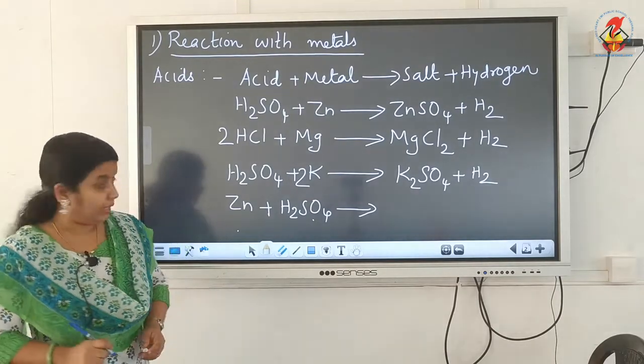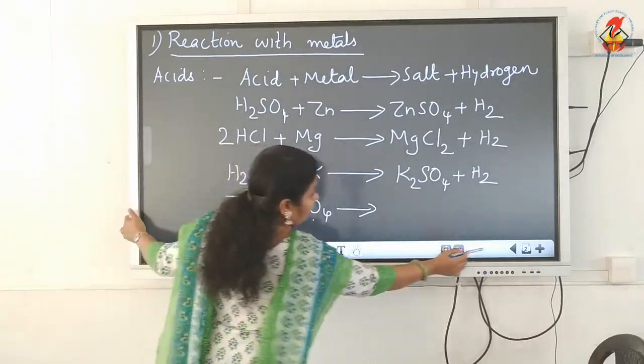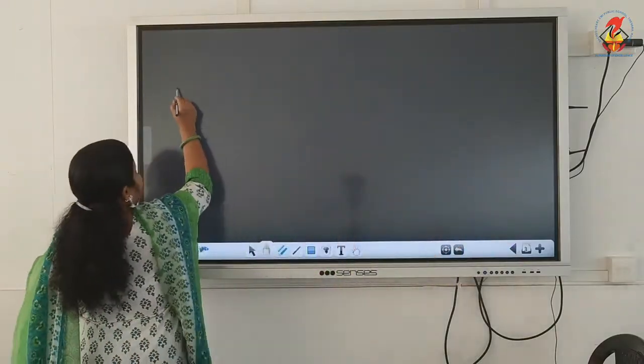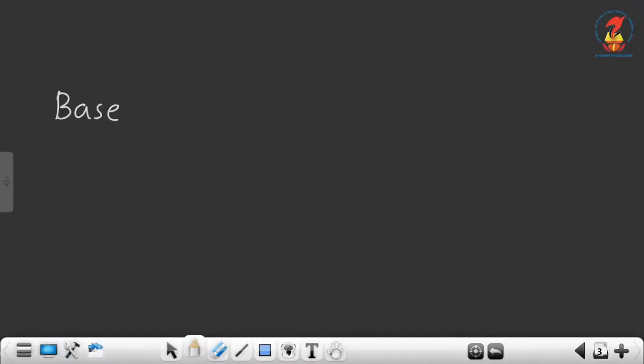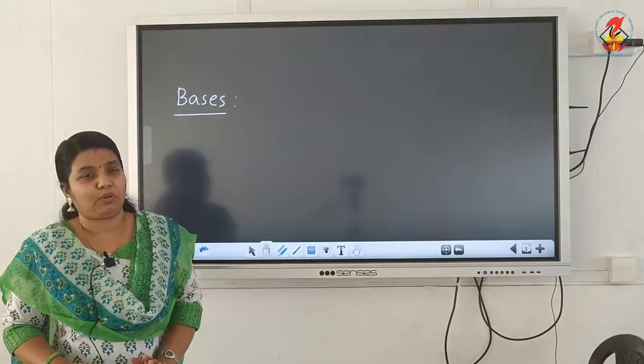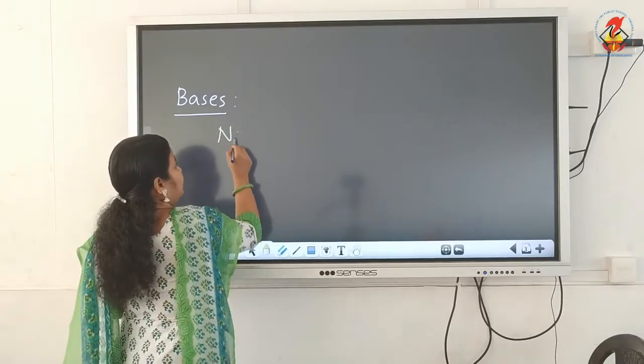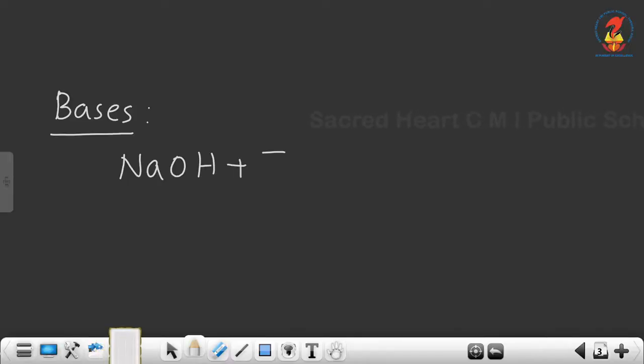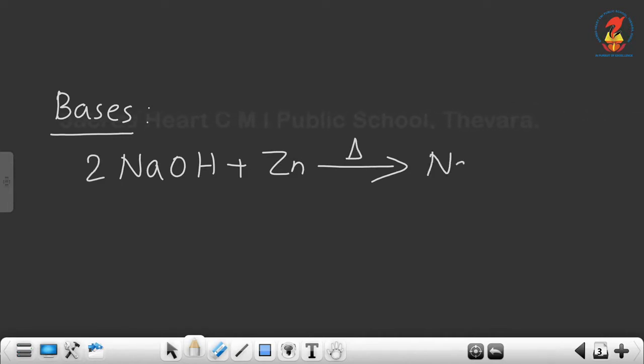Okay. Now we have to see how bases react with metals. Not all bases react with metals. Only strong bases like sodium hydroxide react with active metals like zinc upon heating to form Na2ZnO2.